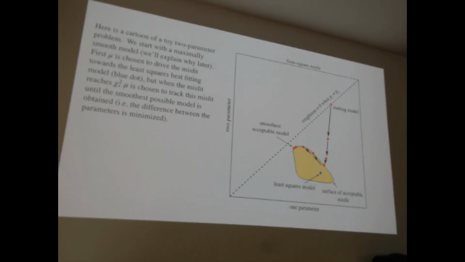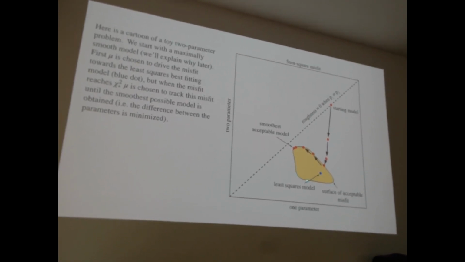So what's this doing in pictures? Let's say I've got a simple two-parameter problem, and so this is one parameter, this is another parameter. The smoothest models are where the parameters are equal to each other. So that's where the roughness is 0, parameter 1 equals parameter 2. There's my least squares solution, the blue dot.